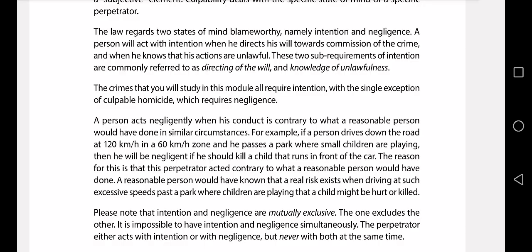These two sub-requirements of intention are commonly referred to as direction of will and knowledge of unlawfulness. The crimes that you will study in the following module all require intention, with the single exception of culpable homicide, which requires negligence.